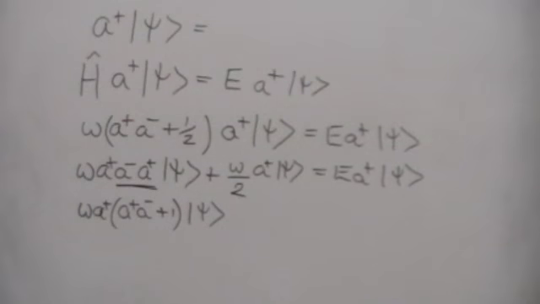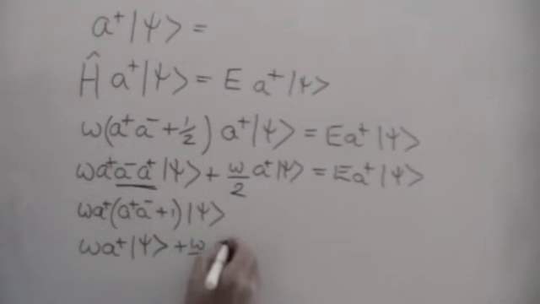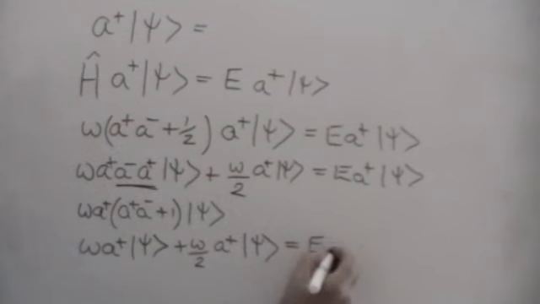It annihilates it. It creates 0, nothing. And once you've created nothing, all of this lot doesn't matter anymore. So the only thing you've got left is omega A plus times 1 acting on psi, plus omega over 2 A plus acting on psi, is equal to E A plus acting on psi.